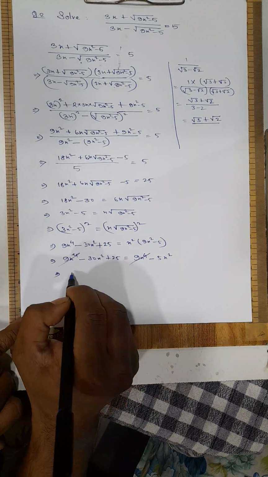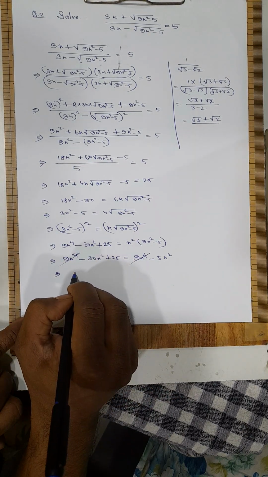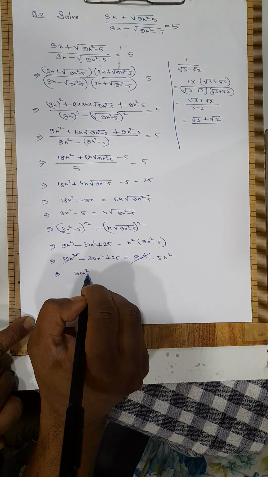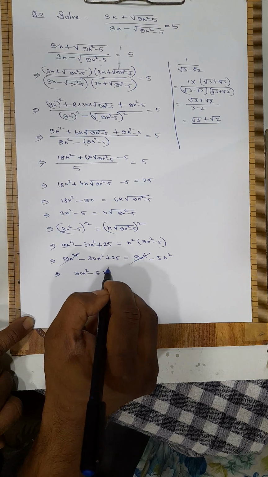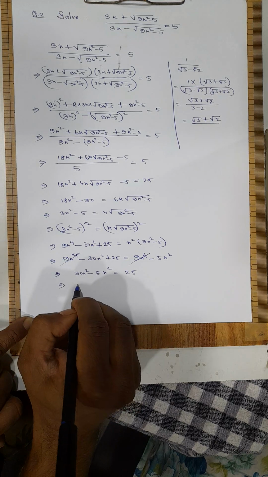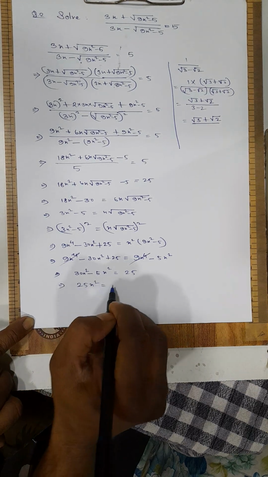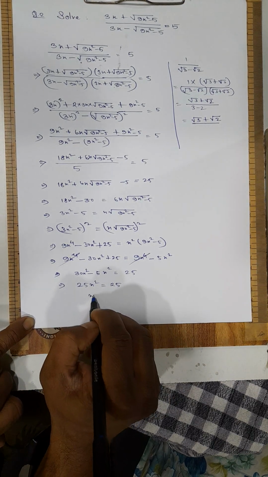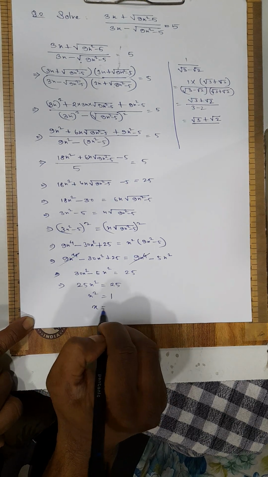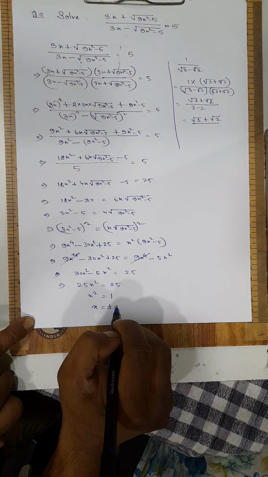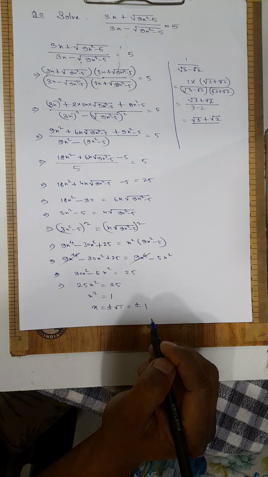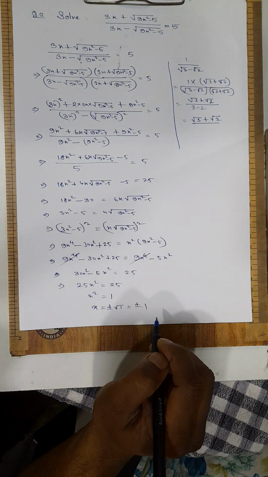Now it becomes −30x² minus (−5x²)... that is, −30x² + 5x² = −25, so 25x² = 25. So it becomes x² = 1. So what is x? x = ± √1, meaning ±1. So the answer is either plus 1 or minus 1.